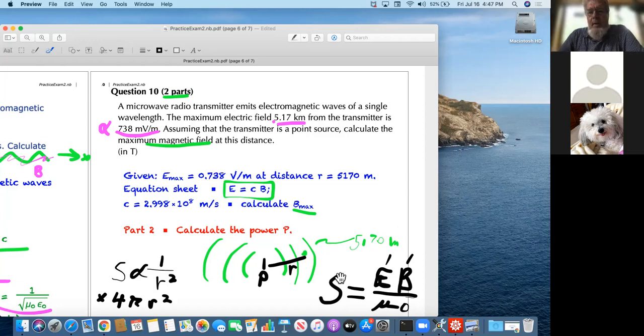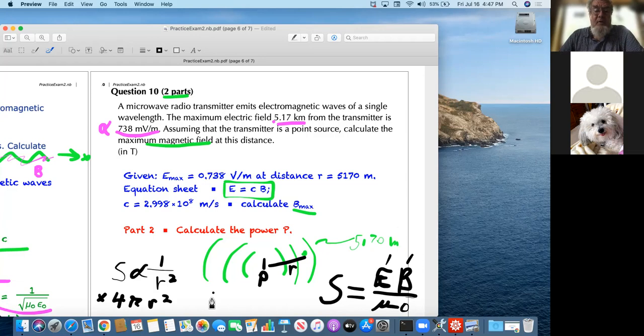This gives you the maximum, you know, if you put in here E max and B max, that'll give you the maximum energy flux. You probably want the average energy flux.